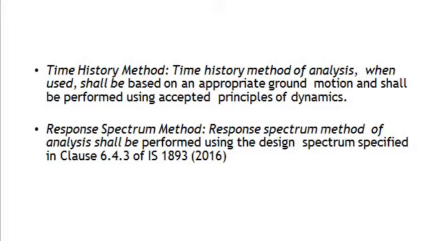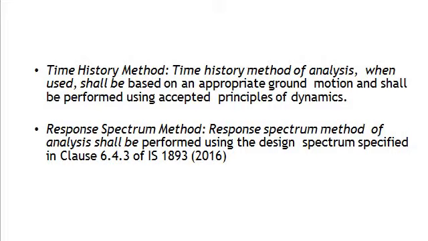Time history method of analysis, when used, shall be based on appropriate ground motion and shall be performed using acceptance of dynamics. Now, this method is used when we have the appropriate ground motion data.